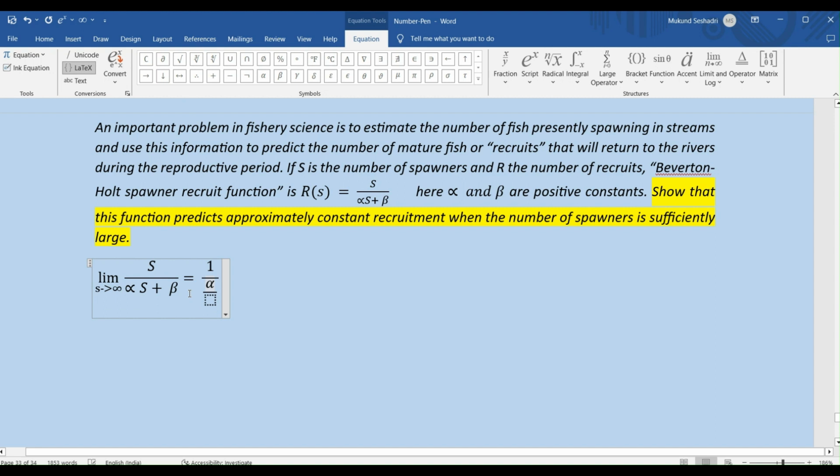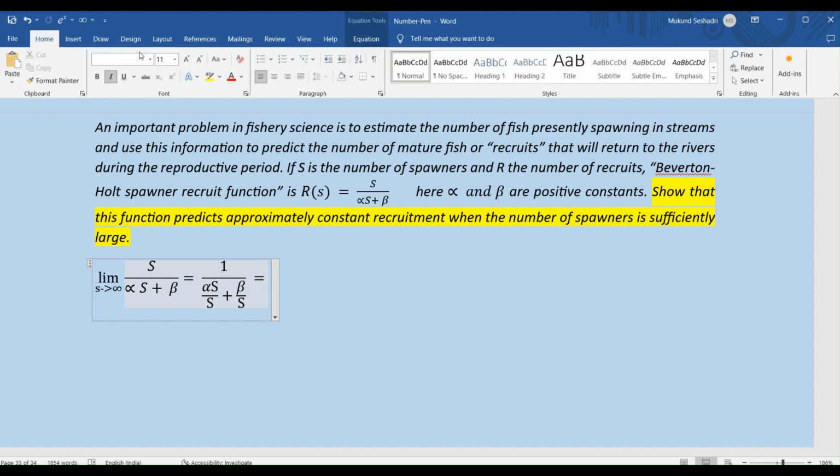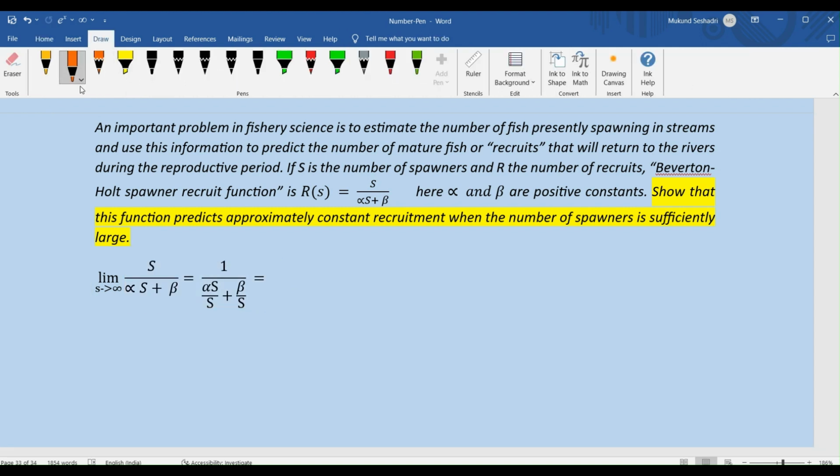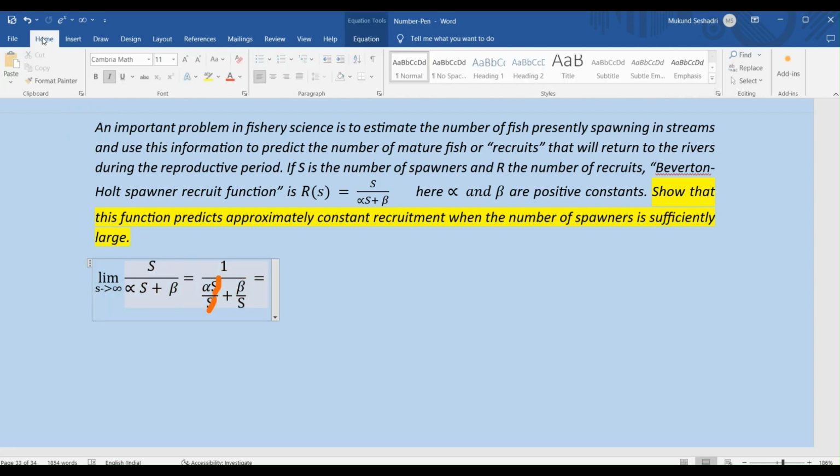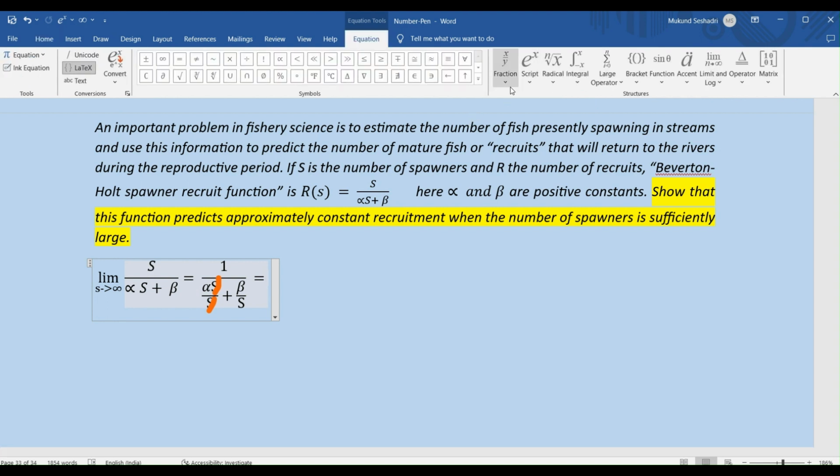So when I do this division, all that I get is alpha S by S plus beta by S, right? And as S tends to infinity, we know that this S and this S will cancel out, and we are left with 1 divided by alpha, because the S and S is cancelled out.